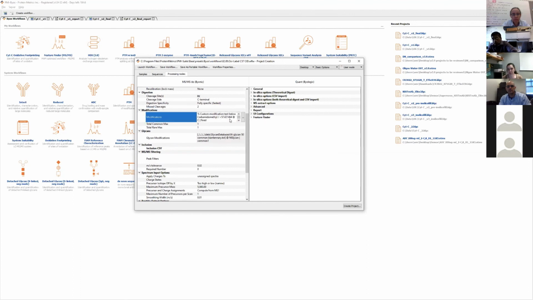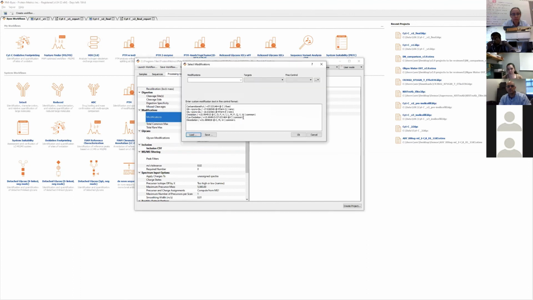Modifications, yes, this is where we really need to optimize, and this is where Bionic is different from other search engines out there. So in Bionic, there are fixed modifications and there are variable modifications, but there are two types of variable modifications. One type or another, common or rare, it doesn't matter too much, but the combinations of how you set the rest of the modifications changes what possibilities are there in the identifications.